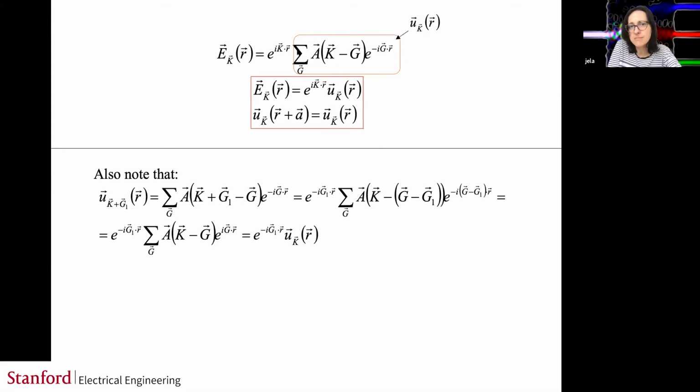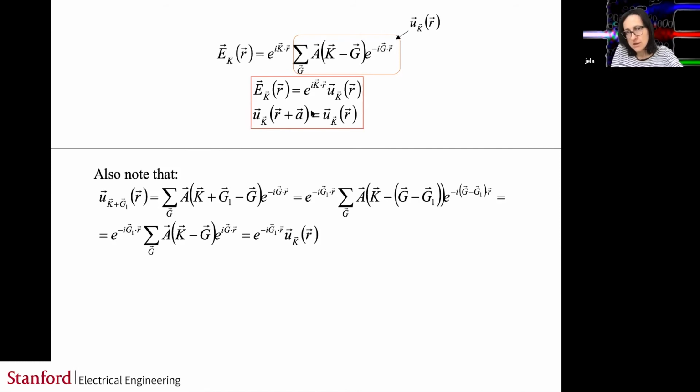It's the same sum over Fourier coefficients written on the reciprocal lattice times these plane waves, again on the reciprocal lattice. Now I'm interested in seeing what the Bloch mode would be for k plus g1, where g1 is some arbitrary reciprocal lattice vector.